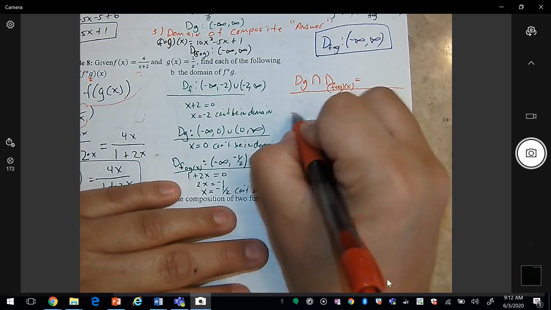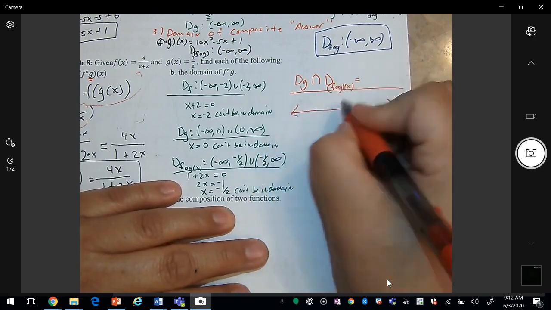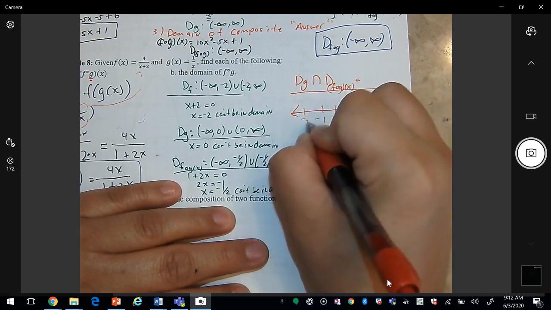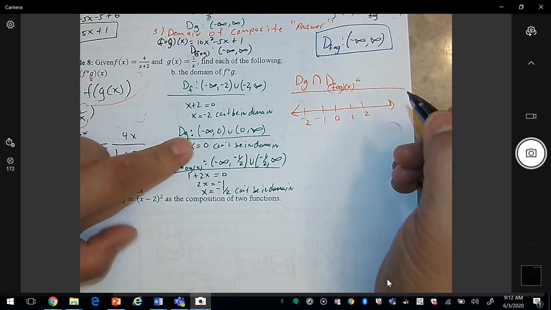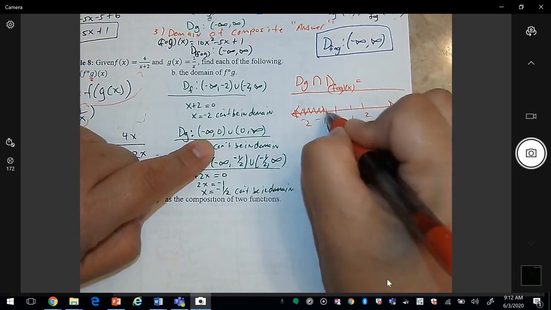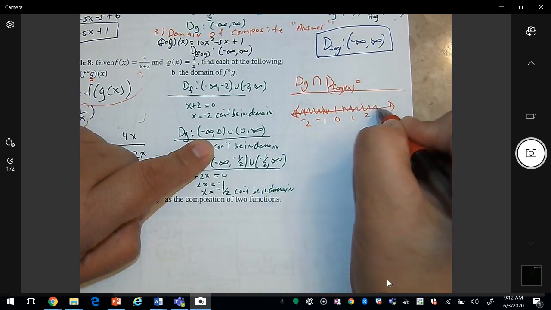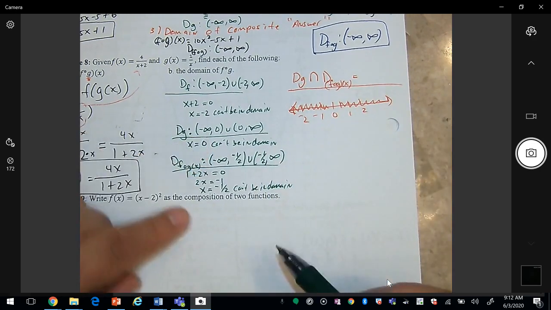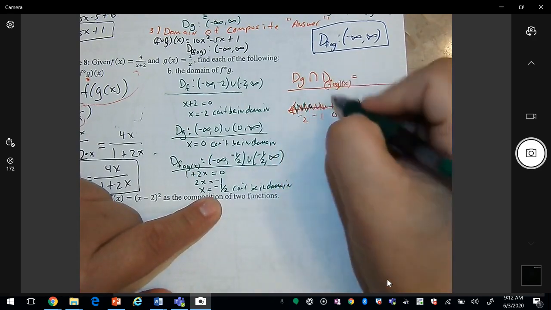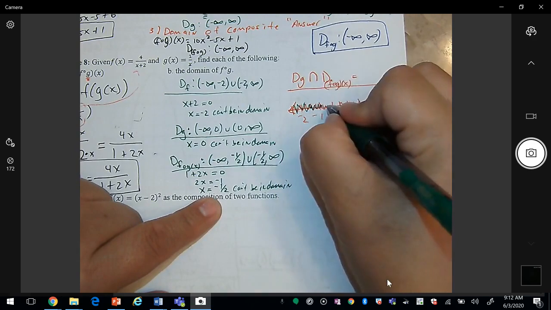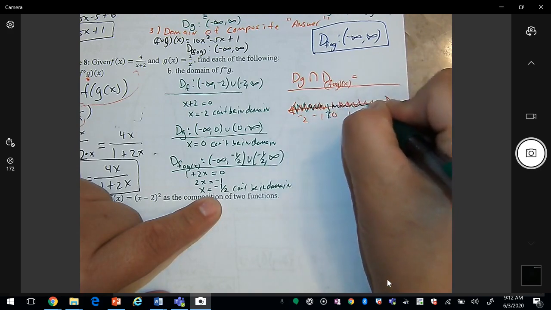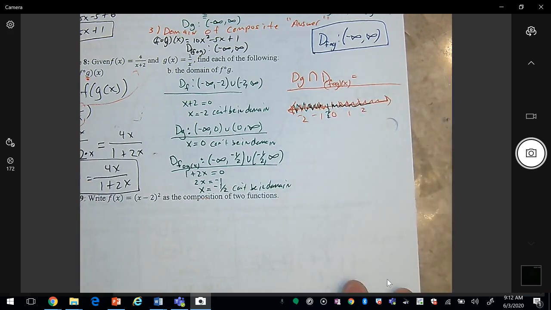So I'm going to draw a little picture here. So the domain of g is everything except for 0. And then the domain of the composition is everything except for negative a half. So here's negative a half, and then it takes everything. So you want to see what they have in common.